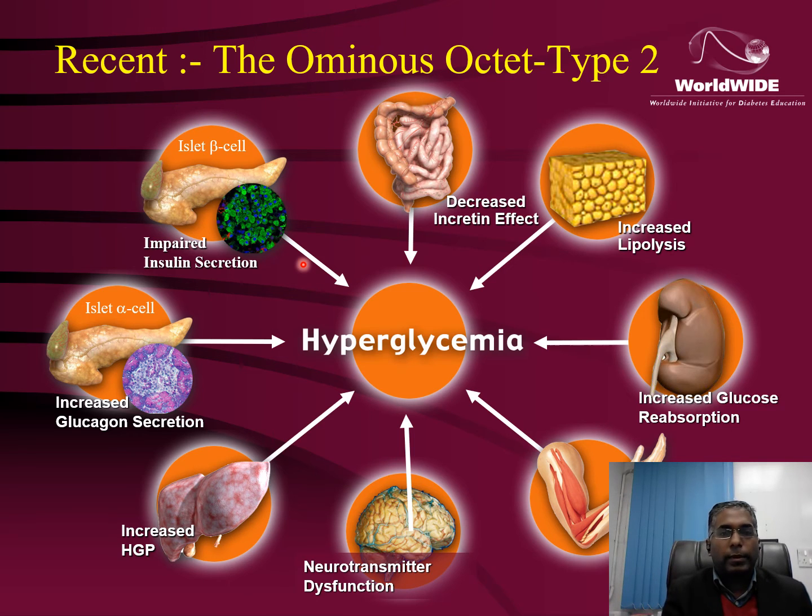So as research emerges, this ominous octet shows the way various other metabolic or neurological dysfunctions cause hyperglycemia, and these also open a Pandora's box of various therapies which can be offered to the patient depending on the involvement of various parts of this ominous octet.